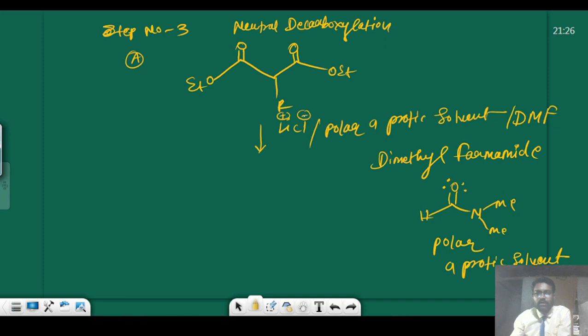First of all, chelation will happen. This oxygen will do the chelation, and at the same time this lithium will attack the electrophilic carbon, and the bond between this carbon will break like this. This bond will break and come over here, and this bond will open up like this. So what leaves out from this reaction?